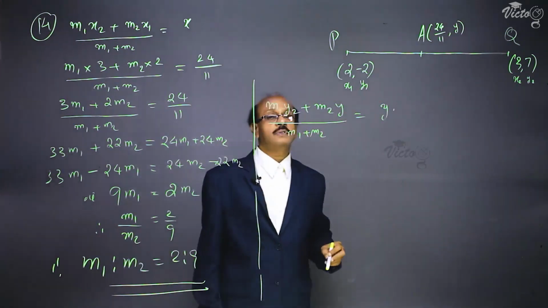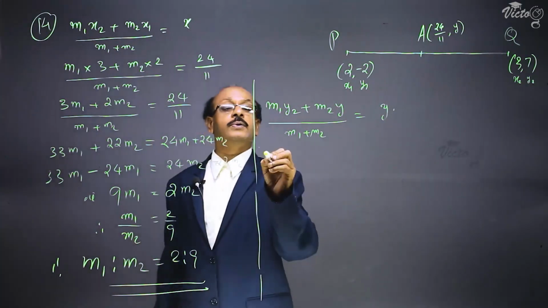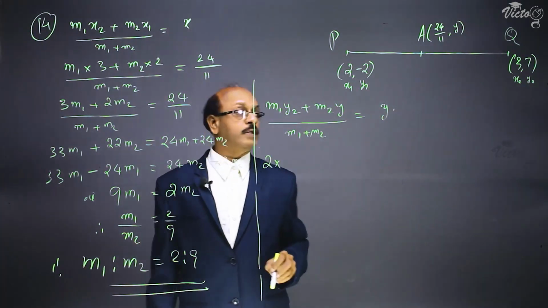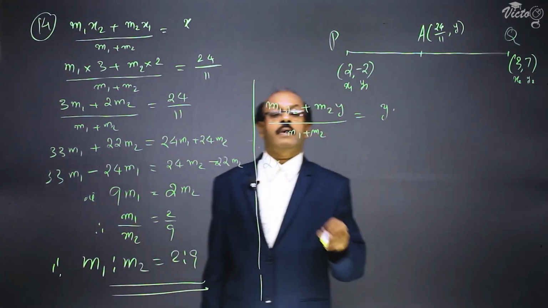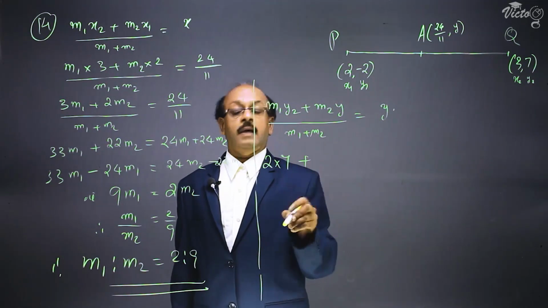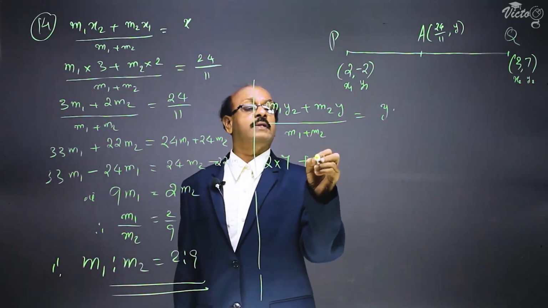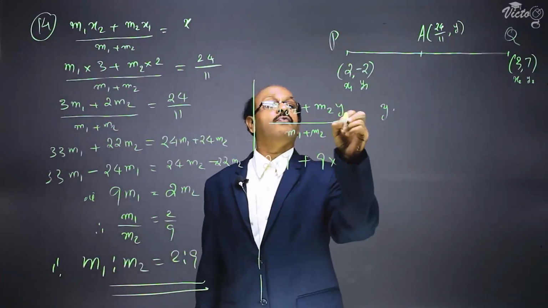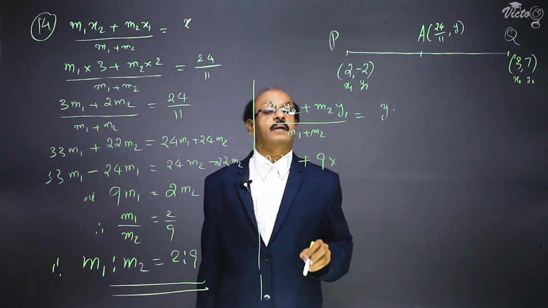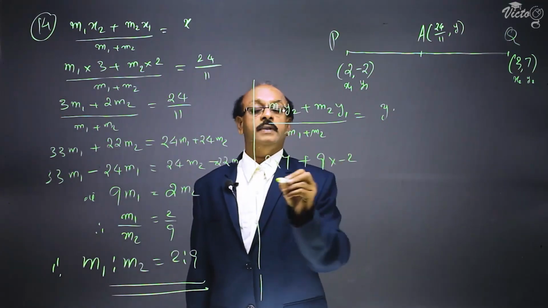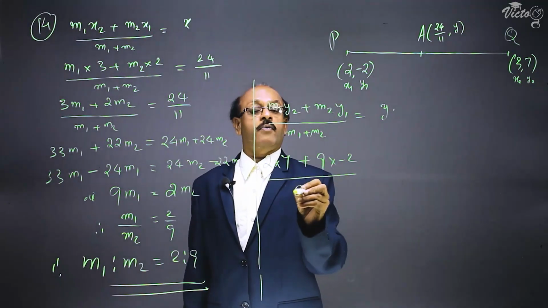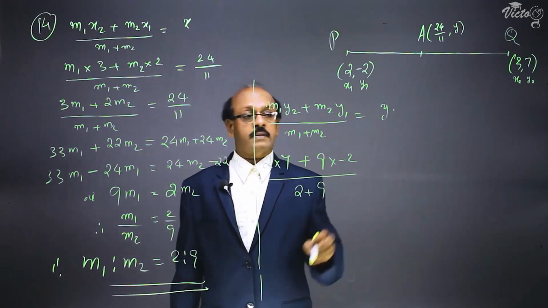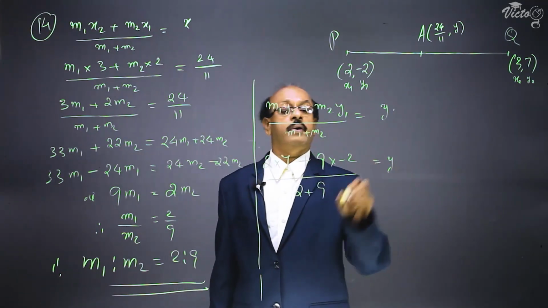Giving values, m1 is equal to 2, into y2, the value of y2 is 7, plus m2, the value of m2 is 9, into y1, the value of y1 is minus 2, divided by m1 plus m2, which is 2 plus 9, is the value of y coordinate.